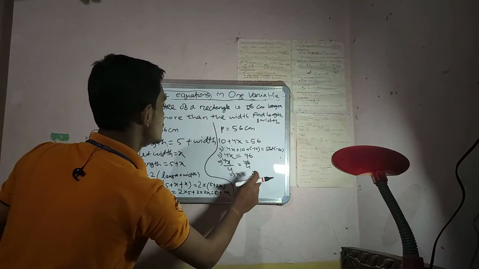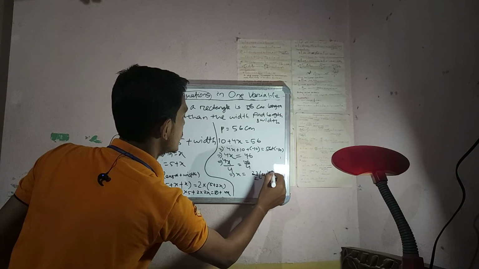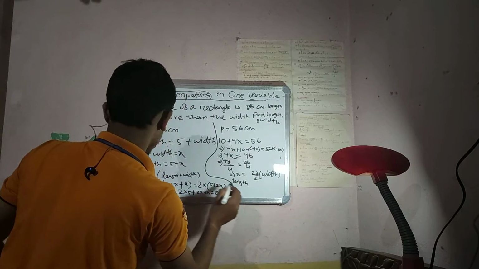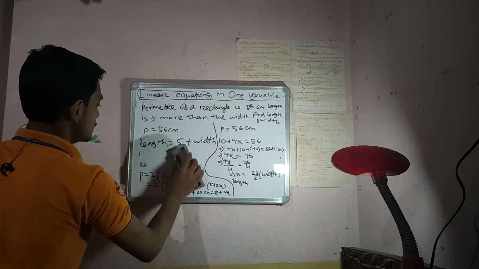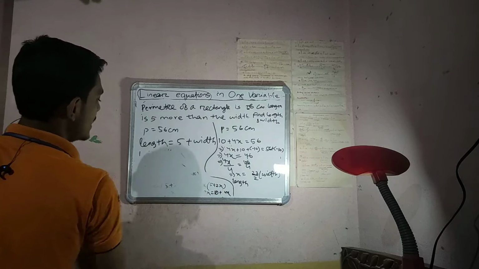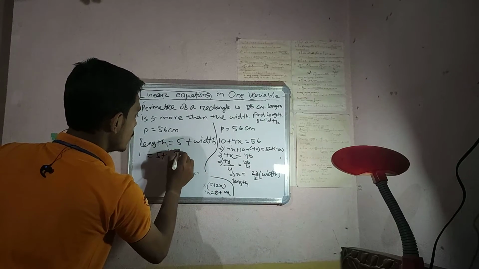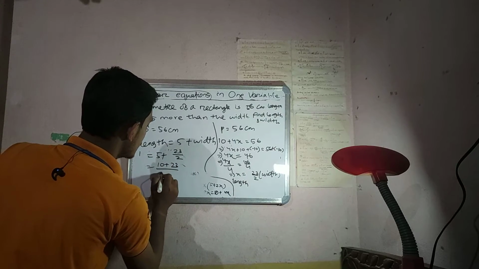Okay, if x equal to 23 by 2, then this is the value of width. What is the value of length? The length value is 5 plus width. That is 5 plus 23 upon 2. That is 10 plus 23 upon 2.